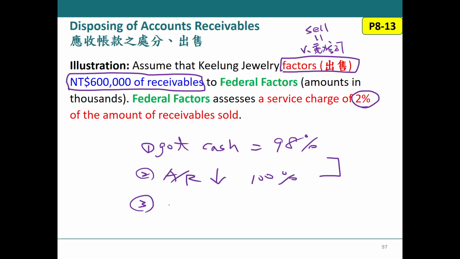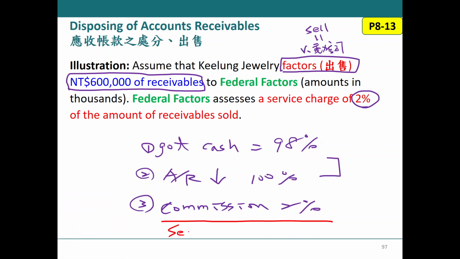You have to pay the commission, right? So commission 2%. For the commission, the account we use is service charge expense. Okay, any questions?